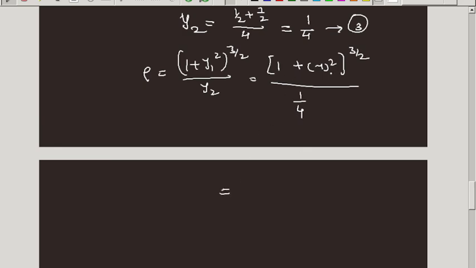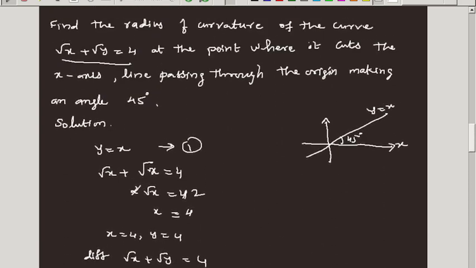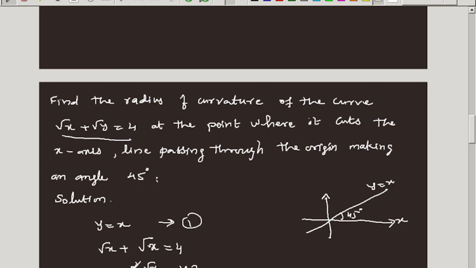So here 1 plus 1 is 2. So we get 2 power 3 by 2, and here we can reciprocal this 1 by 4, we get 4. So here 2 power 3 by 2 we can write it as 2 into root 2 into 4 equal to 8 into root 2. So radius of curvature for the curve root x plus root y equal to 4, and making an angle 45 degree is nothing but 8 into root 2.